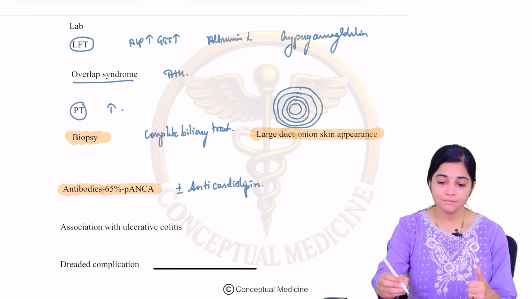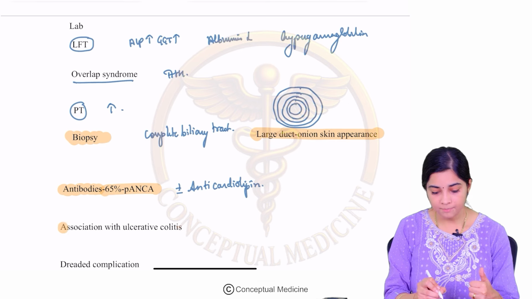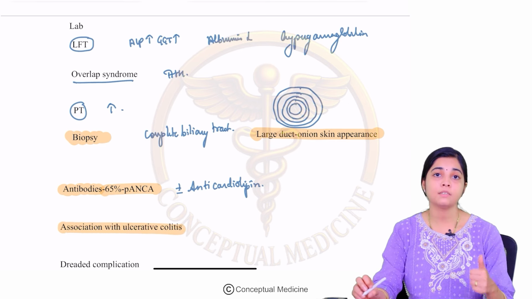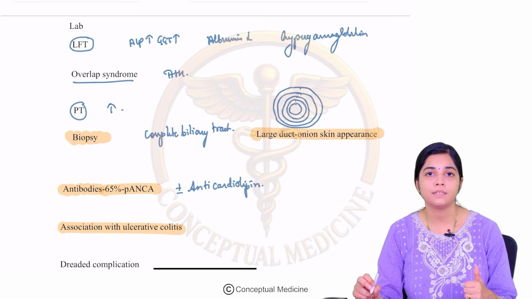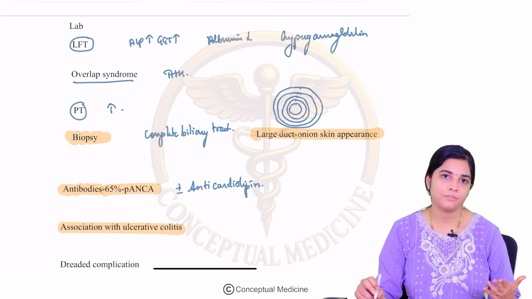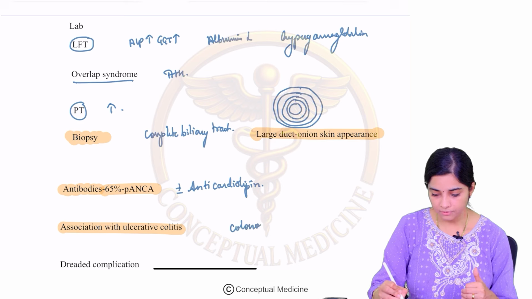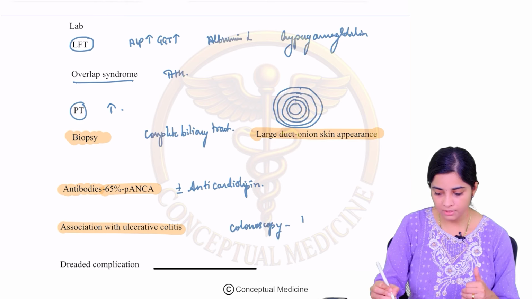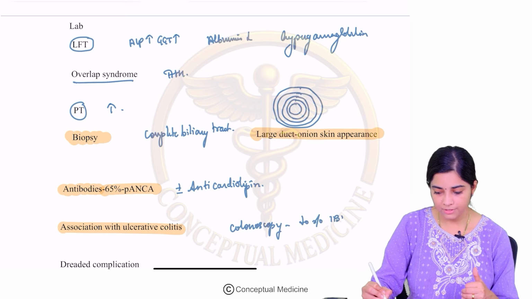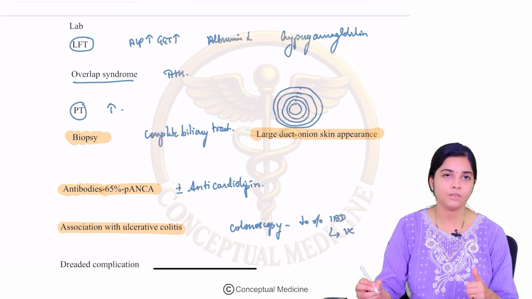Okay, another very important thing is that primary sclerosing cholangitis has a strong association with ulcerative colitis. So, in every patient of primary sclerosing cholangitis, always do a colonoscopy to rule out inflammatory bowel disease, especially ulcerative colitis.